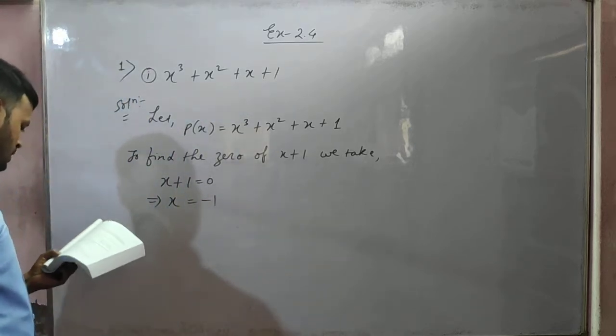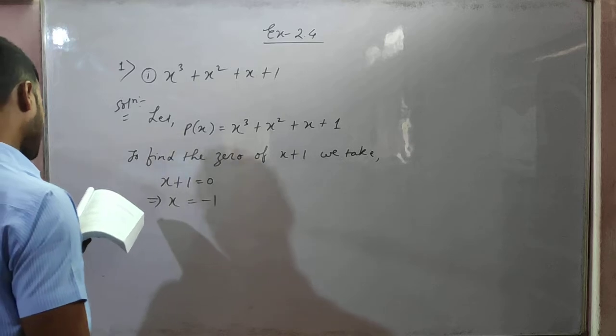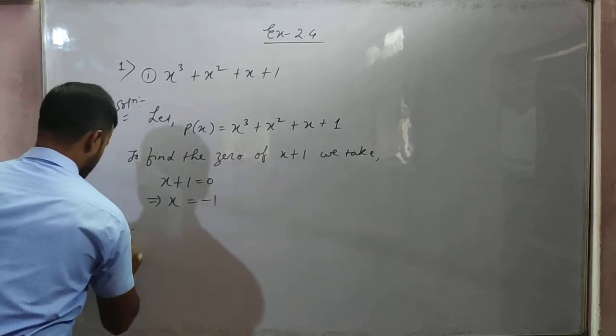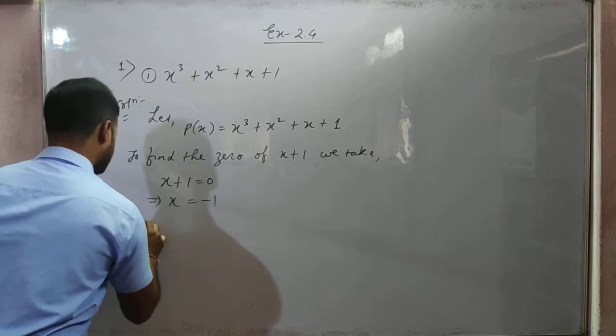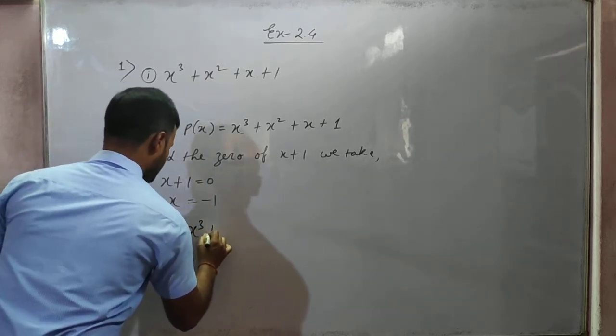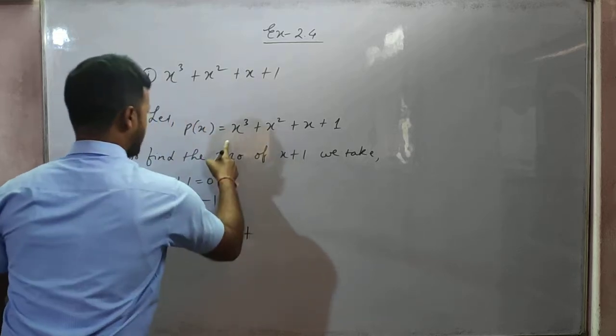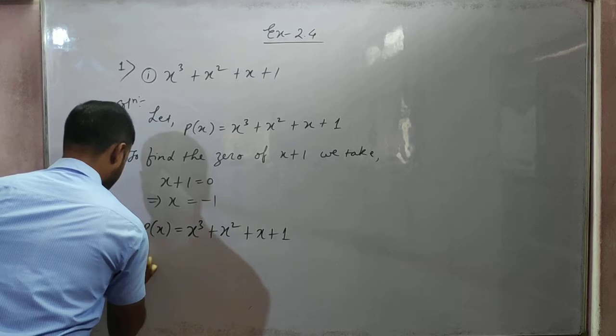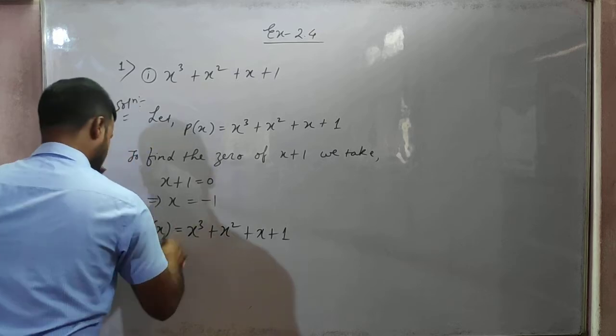Now p(x) equals x cube plus x square plus x plus 1, isn't it? Now in place of x we will put the value of x, that is minus 1.